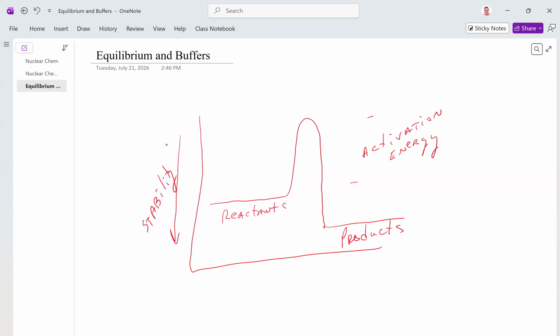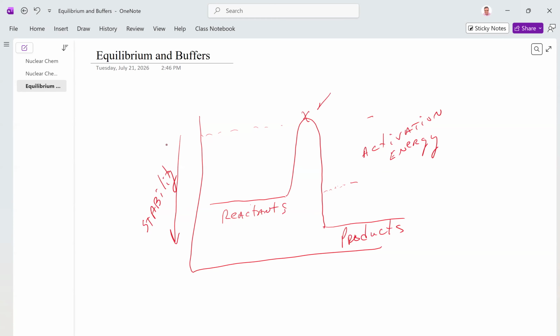That's this hump here. And if we extrapolate over, this stability is going to be in units of energy. We can get the reading on activation energy. Okay, so when we put the energy into the reactants, that splits open the bonds, and we end up with a whole mishmash up here of the atoms from the reactants.